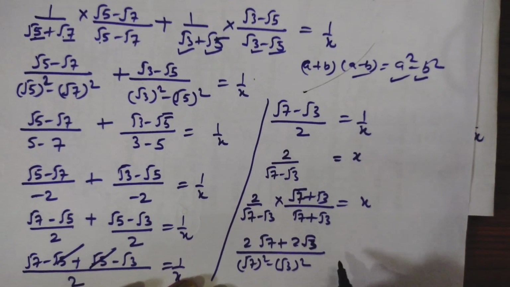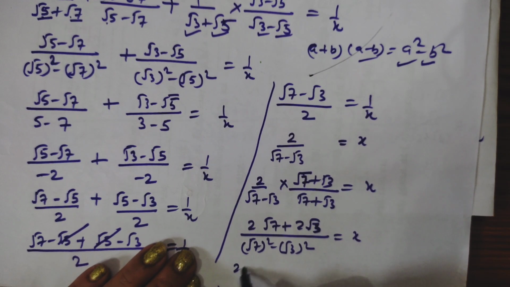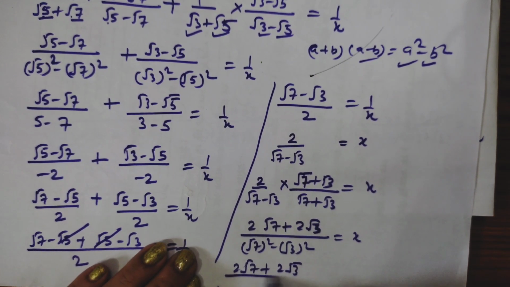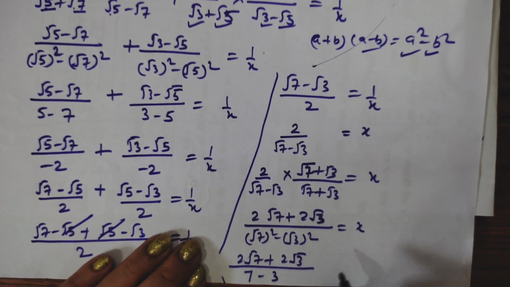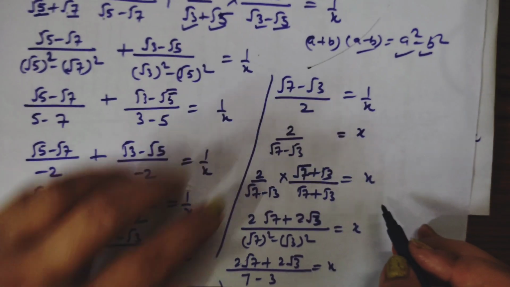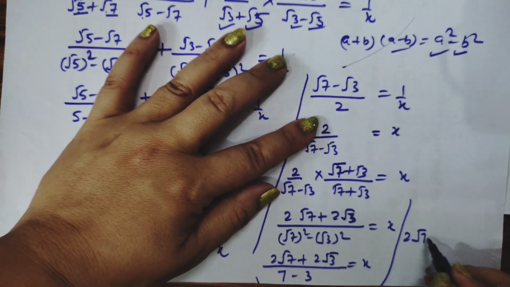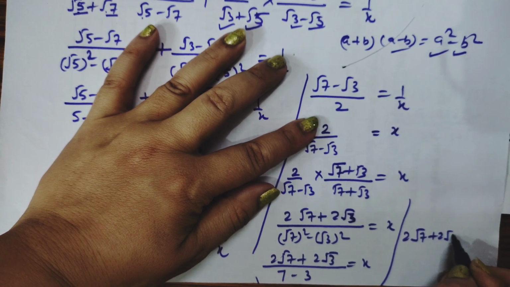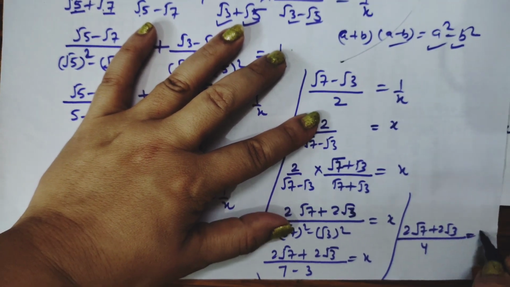Okay, and the right-hand side x is as it is. So 2 root 7 plus 2 root 3 upon 7 minus 3, where root 7 square is 7 and root 3 square is 3, equals x. This implies 2 root 7 plus 2 root 3 upon 7 minus 3, which is 4, equals x.